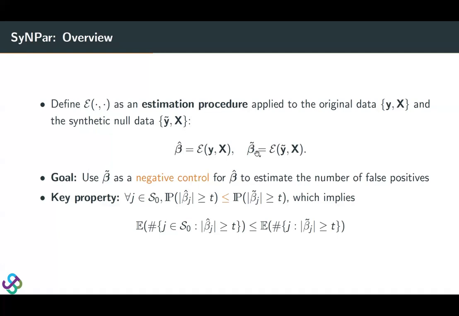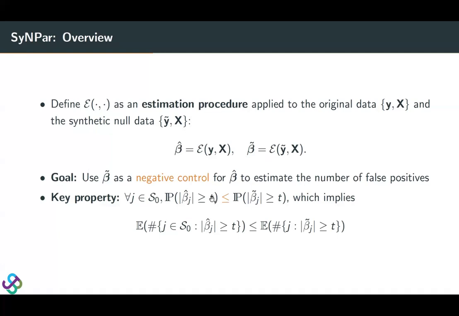But we want this beta tilde to be a little more conservative, that is, to have larger absolute values than their counterparts in beta hat. So we can have an overestimate for false discoveries if we threshold beta hat for discoveries. In other words, the discoveries will be made on the absolute value of beta hat j.